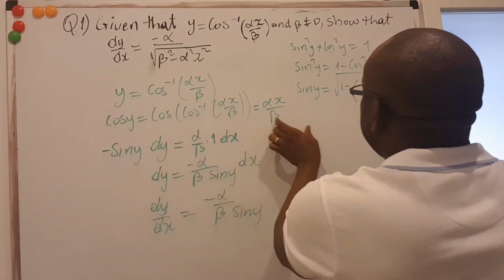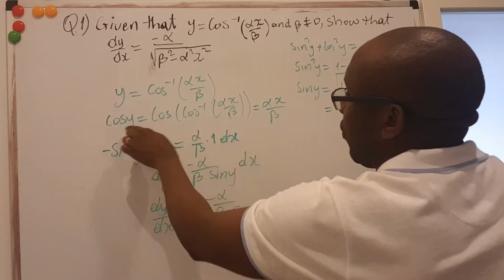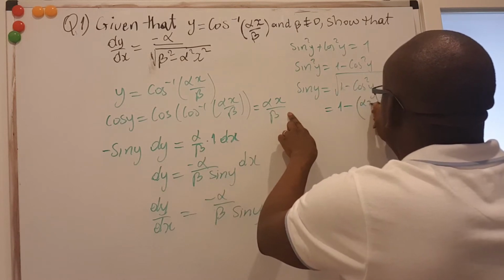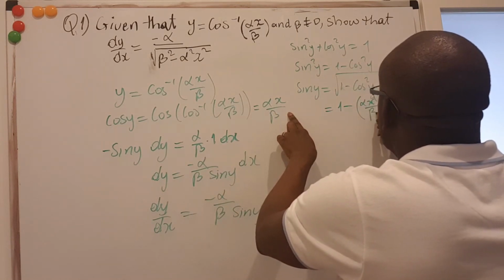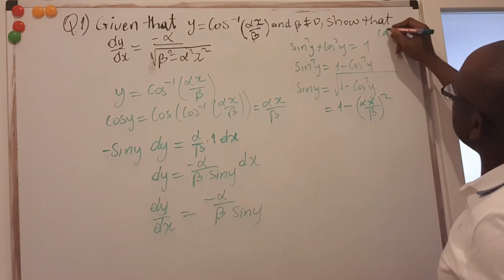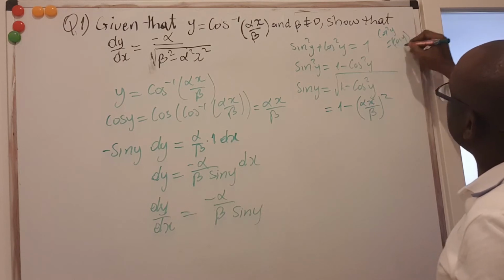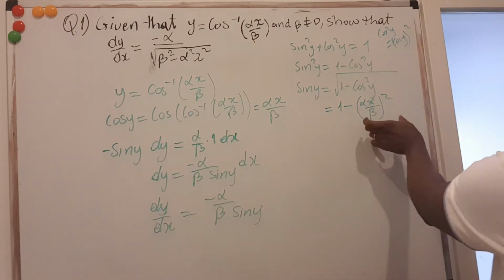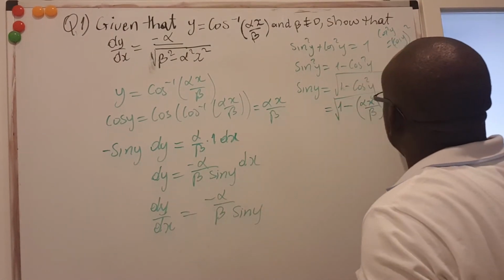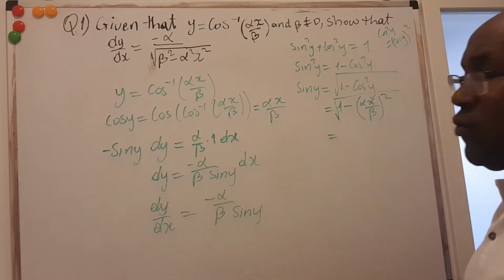So I can take this and just substitute here. So this is 1 minus cos y, which is alpha x all over beta, and the square is there, because cos squared y is the same as cos y all squared. That's what we've just done here. And I do not forget my square root. And just to make it nice, it's not yet beautiful enough to leave the salon.